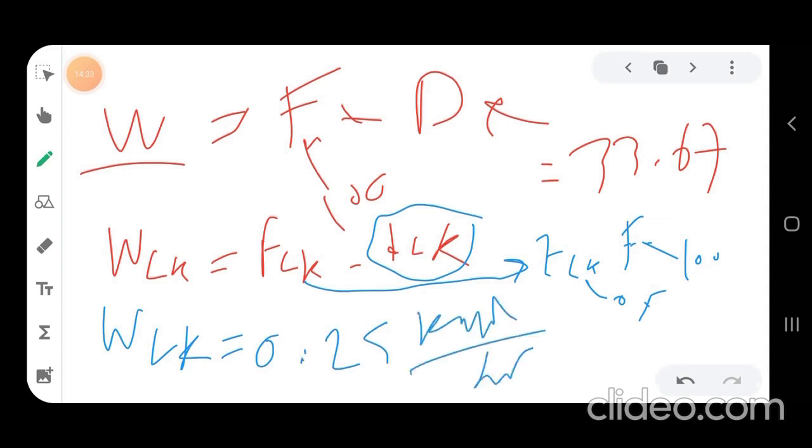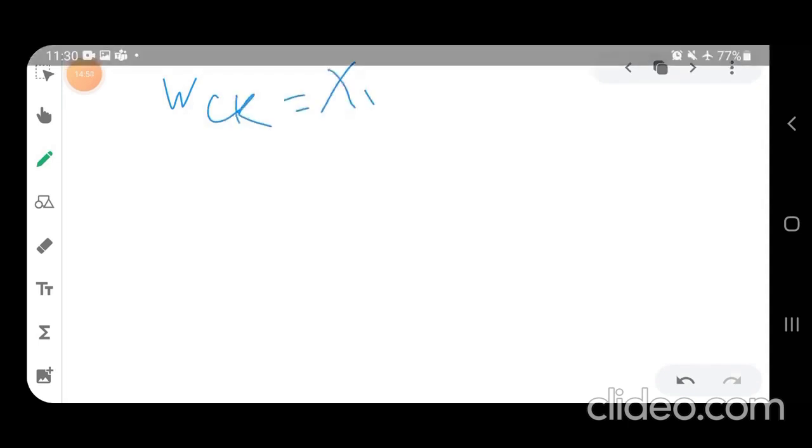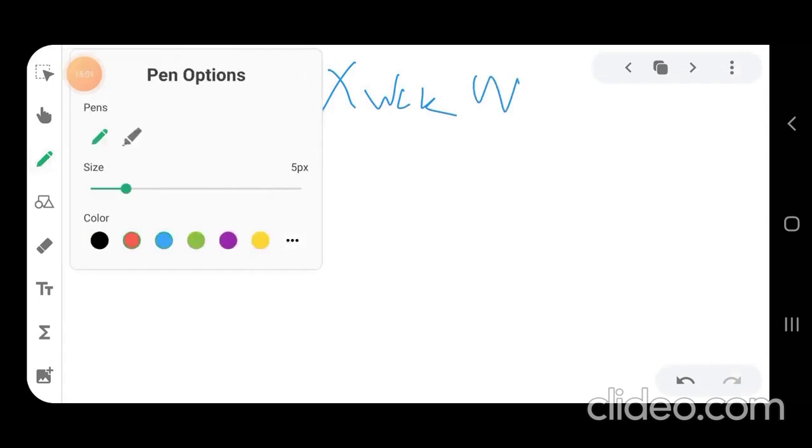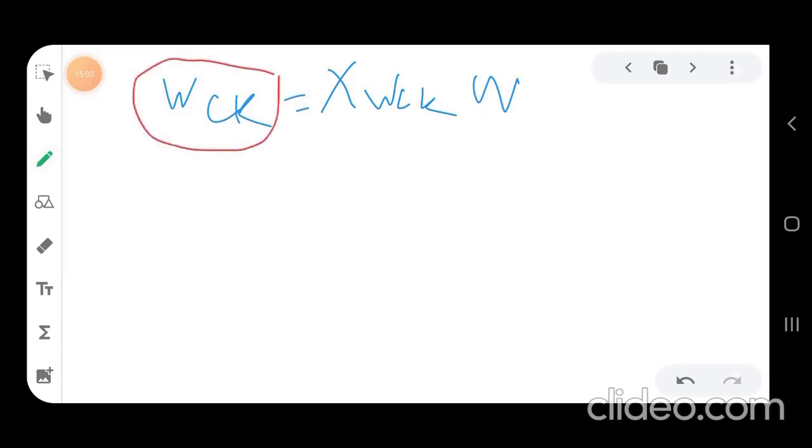Why is it very small? Because it is the light key, so it's expected to be recovered more in the distillate. That's why its flow rate in the waste is very small. So it is an acceptable value. And again, similarly, you know that W of the LK is equal to x_W of the LK multiplied by the total W. We know this W_LK we have just determined, we know this W, so we can get this.